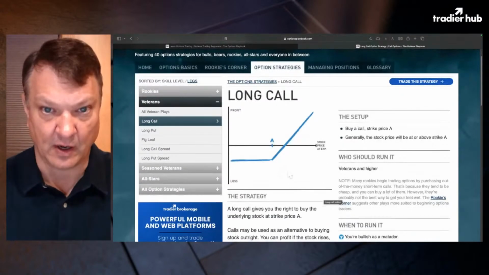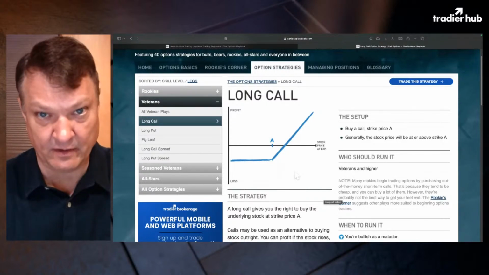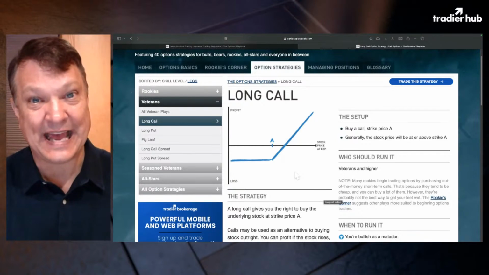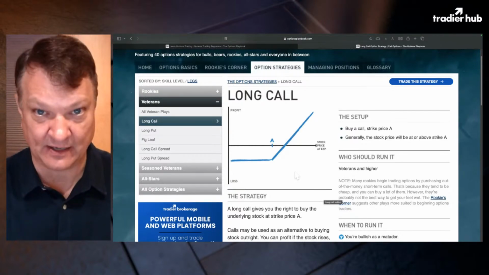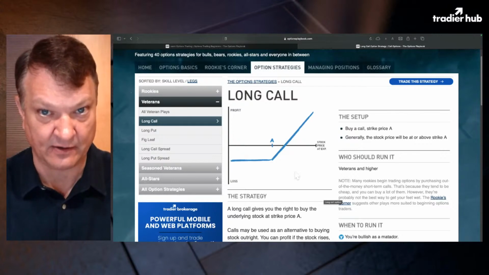First of all, if you're talking about options in the vernacular down on the trading floor, long means that you have bought that option contract. Short means that you have sold that option contract.